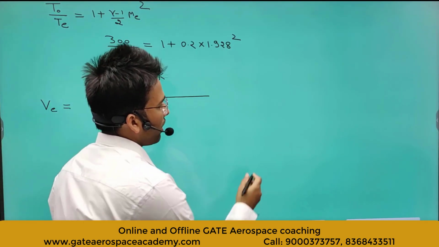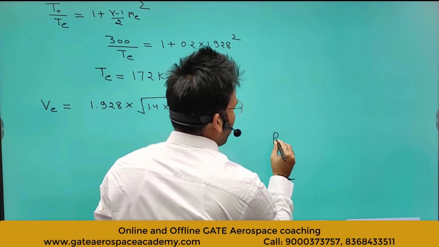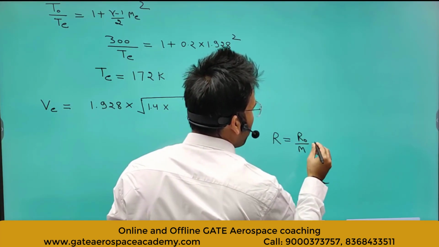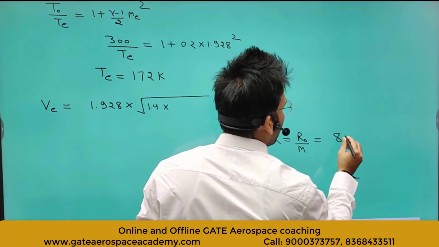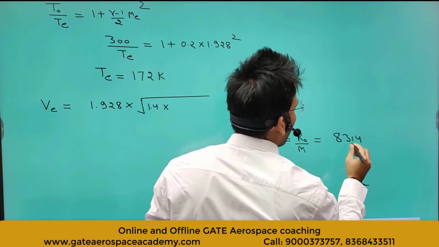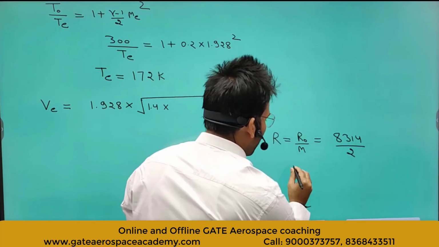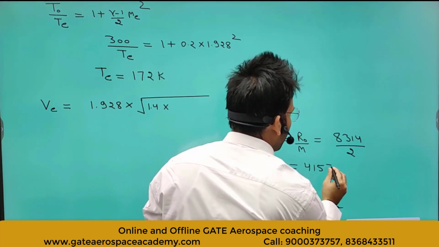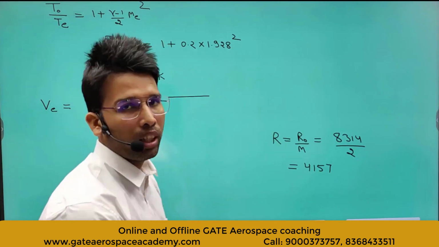So hydrogen is given. What about the R value for hydrogen? Formula is R naught by M: 8314 divided by 2, right? That is 4157 joule per kilogram Kelvin.